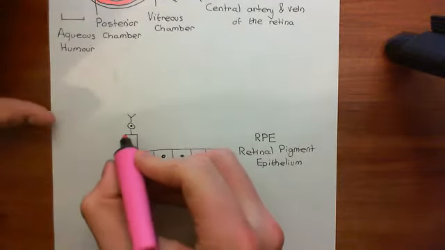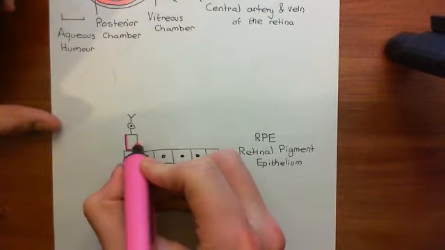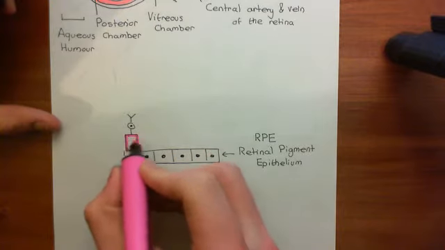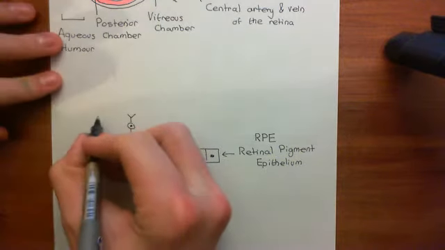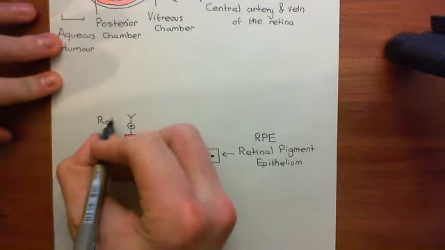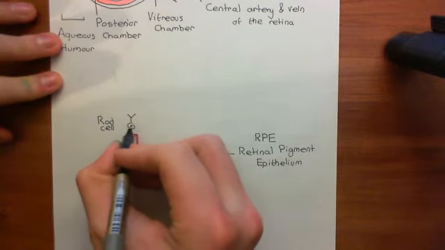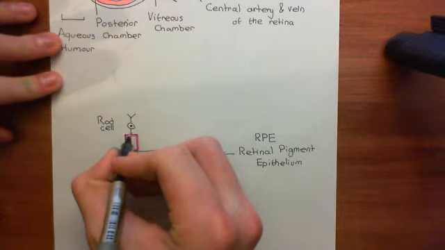So let's colour this cell in here. This portion that I've got down here, coloured in purple, this is the rod of a rod cell. The whole cell is a rod cell, and the rod cell has a cell body here, and it has two processes coming off it.